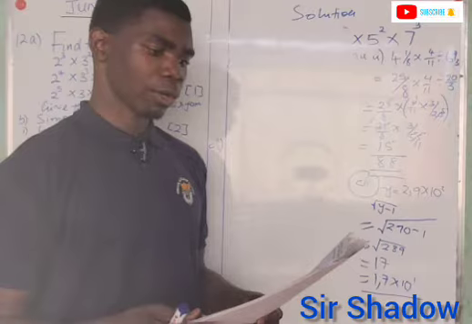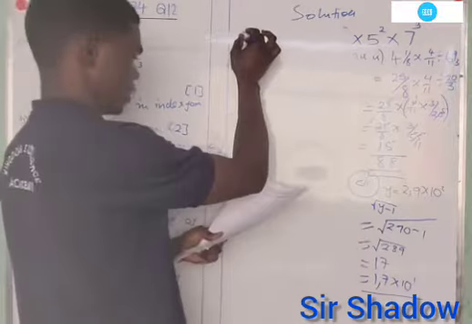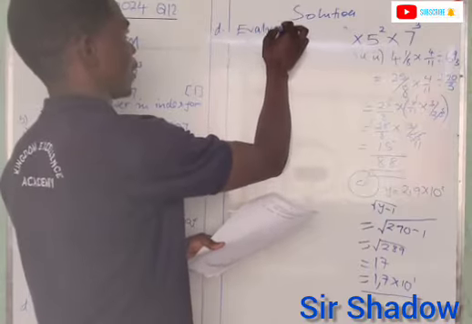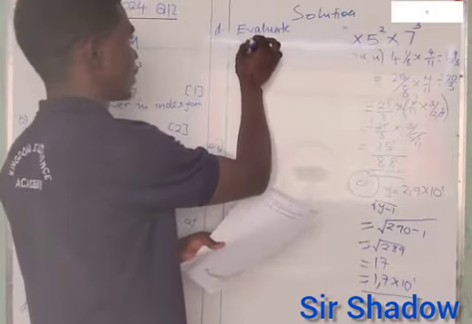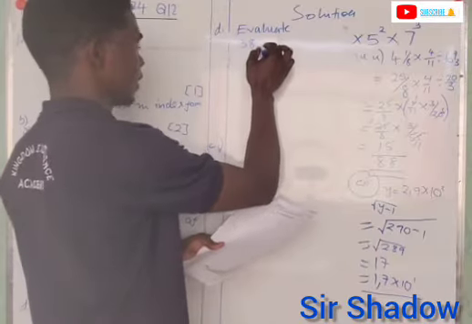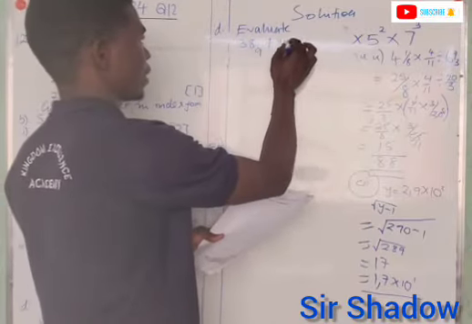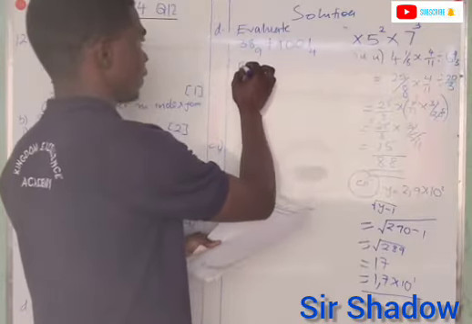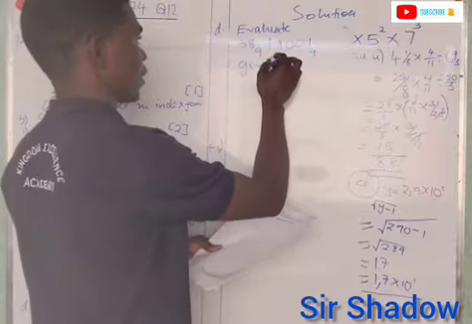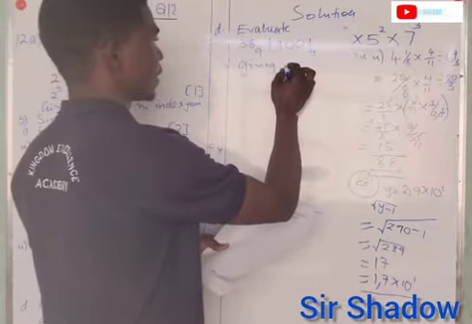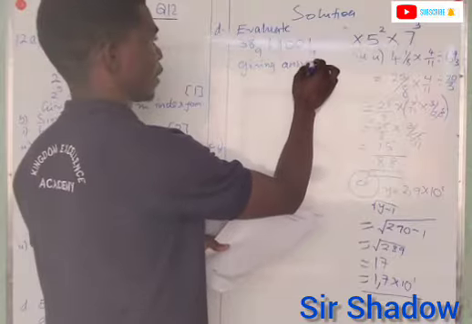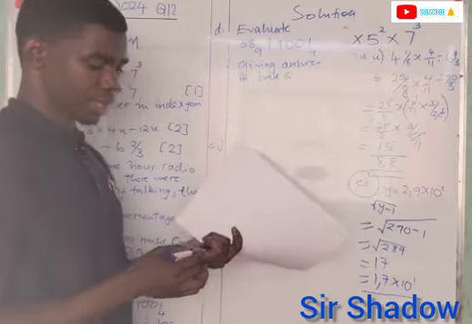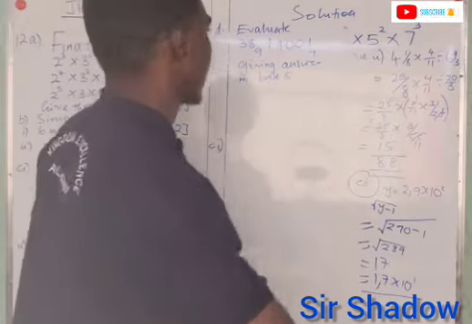Last question, which is question D. Evaluate 38 base 9 plus 1001 base 4, giving the answer in base 5, and 3 marks is awarded for that question.